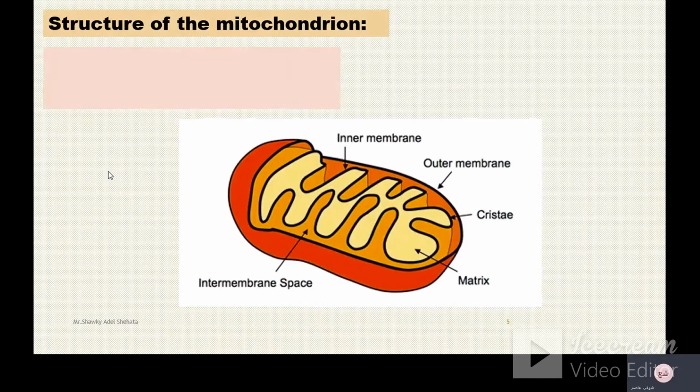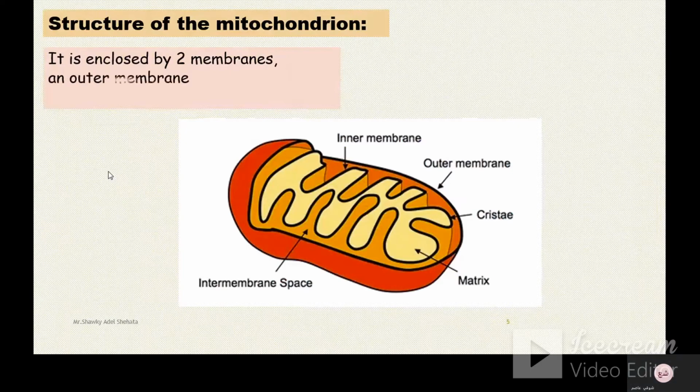What is the structure of mitochondria? Generally, it is enclosed by two membranes, an outer membrane and an inner cristae membrane, which is folded. As you see here, with the outer membrane, with the inner one. And here is the matrix.